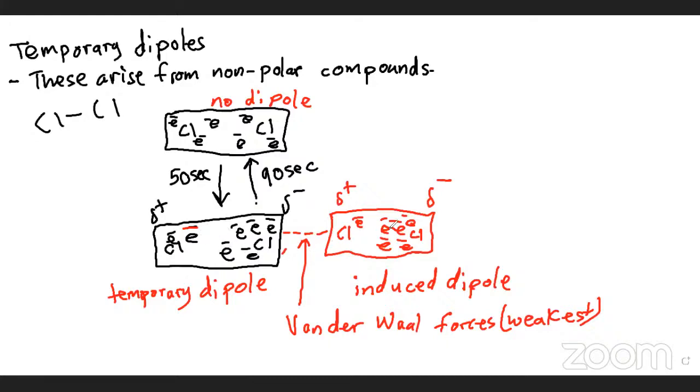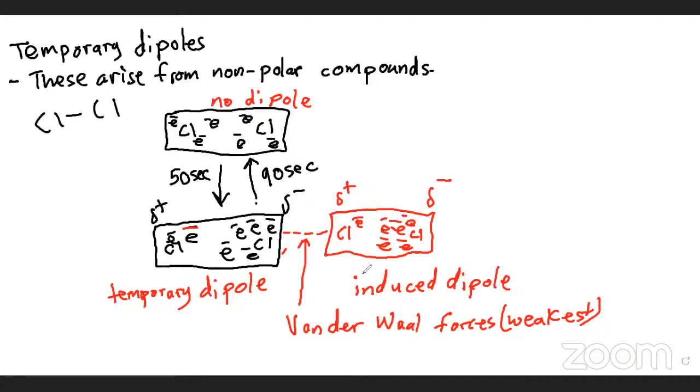Now the induced dipole is when a neutral molecule, that is, it does not have a dipole, approaches the temporary dipole. We will have electron-electron repulsion. So the electrons now are pushed to one side of the molecule, causing a dipole.